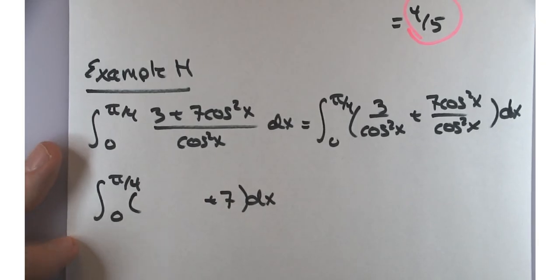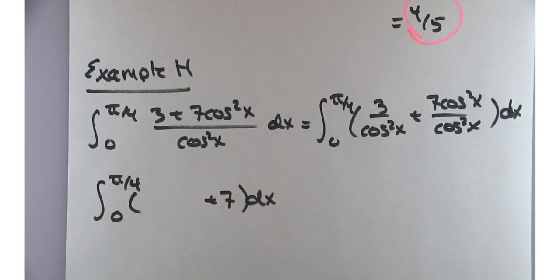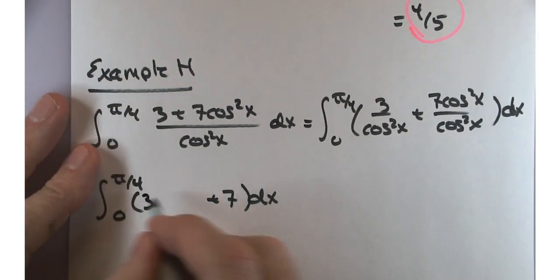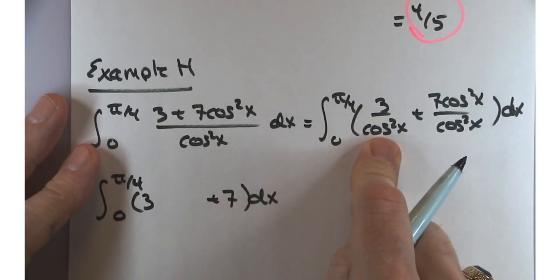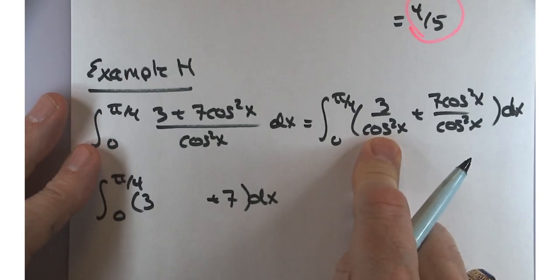How about the first term? Is there anything I can do with that first term? Is there any way I can rewrite that one? Yeah. So it's just going to be a 3. The reciprocal of the cosine is the secant, but we've got a cosine squared, so this is secant squared.